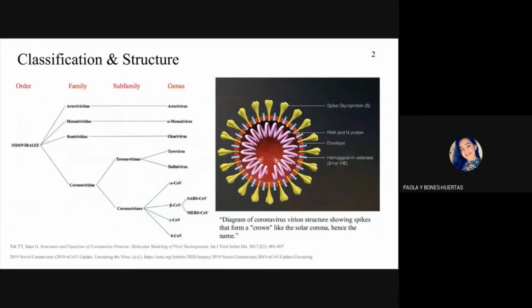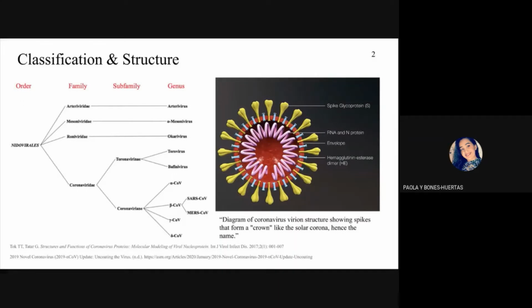Here we have two diagrams. The first diagram shows their classification. As I mentioned before, they belong to the order of Nidovirales, specifically the family of Coronaviridae. More specifically, those that affect humans are found in the Coronaviridae subfamily.